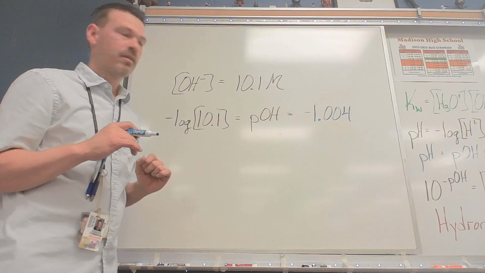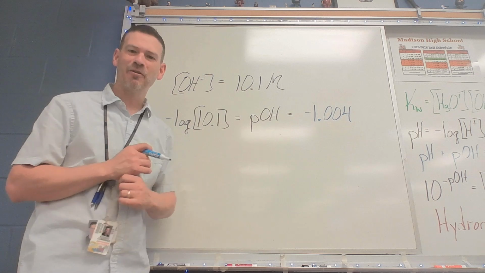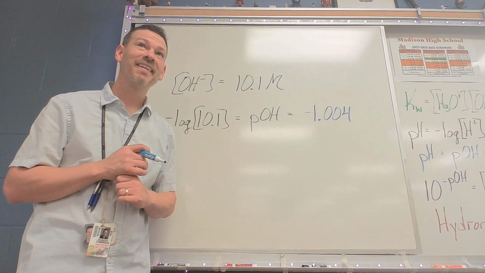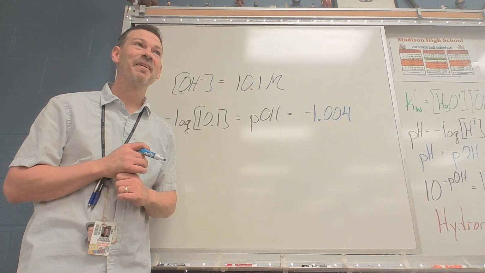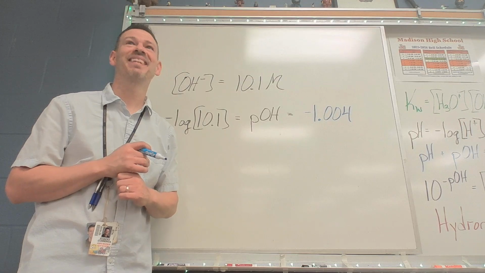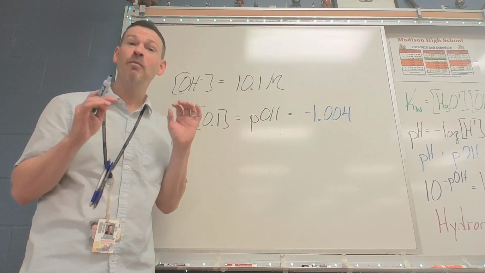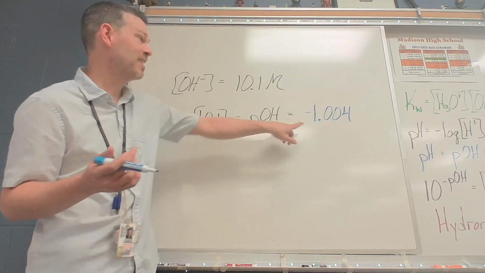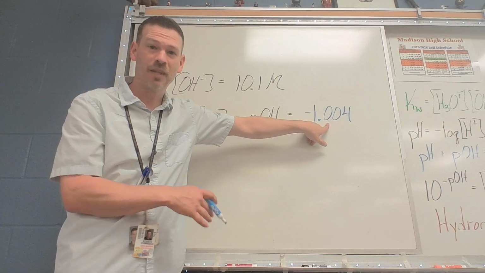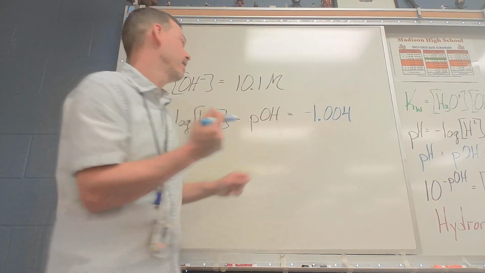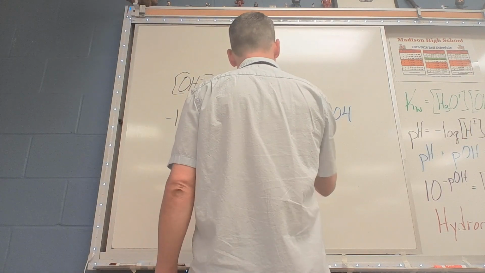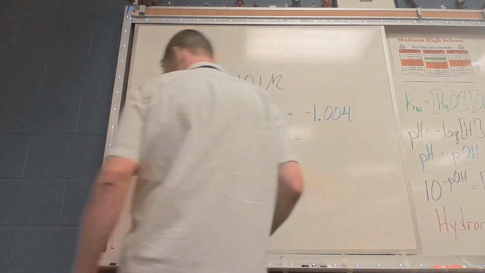Hey, if the pOH is negative 1, is it acidic or basic? Super basic. Just look back at our previous thing. If you have a pOH below 7, it's basic. Look, this is way below 7. So far below 7. Like, this is dangerously basic. Here's a fun question. What's the pH? 15.